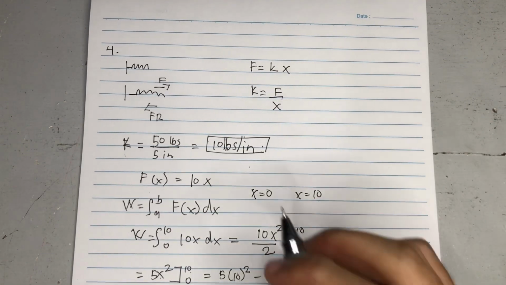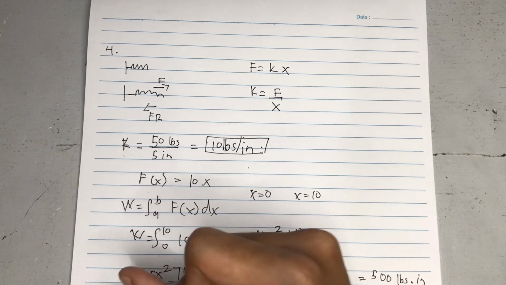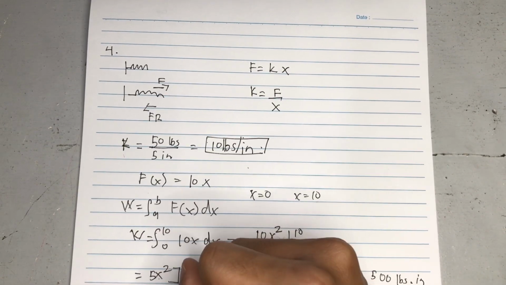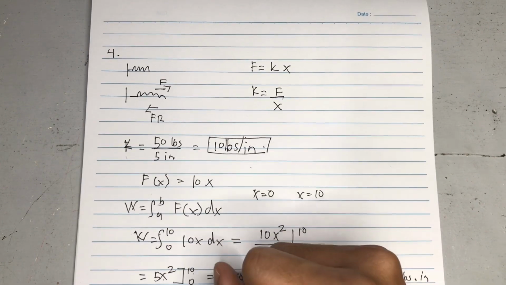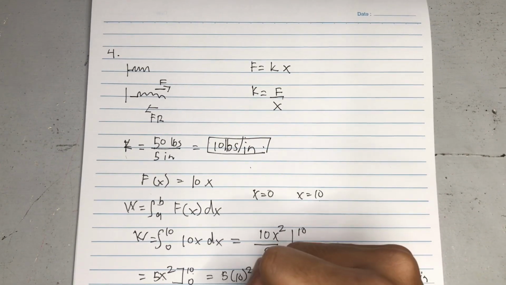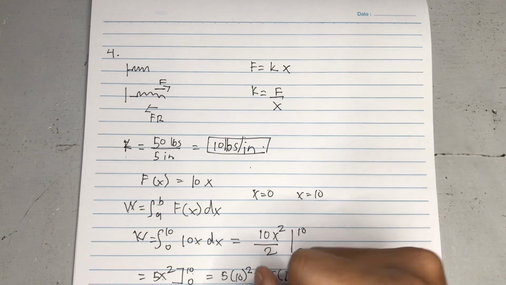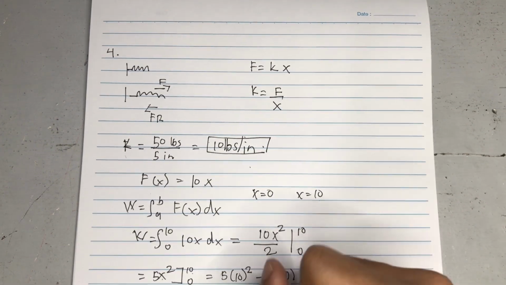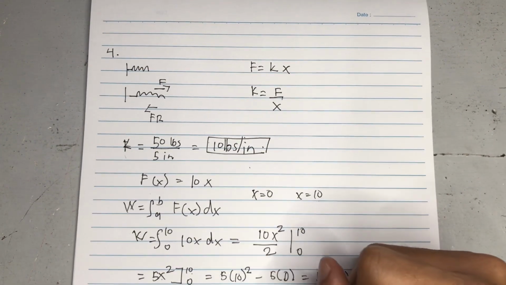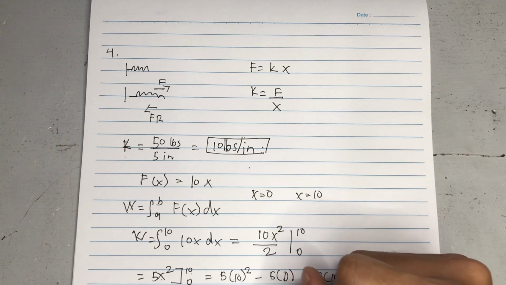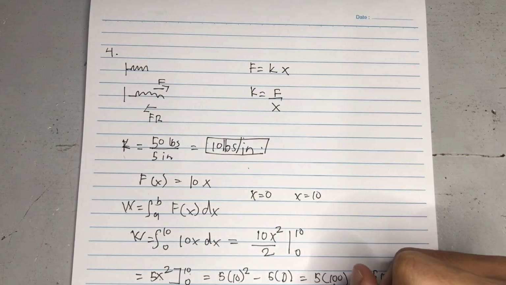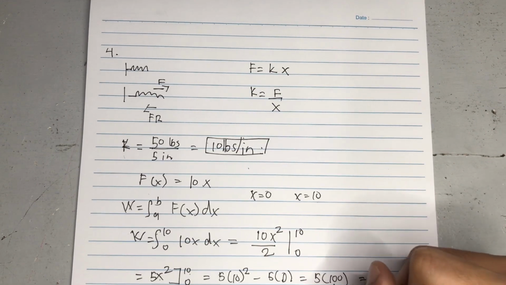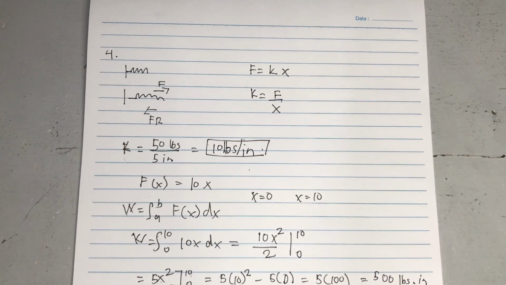Kailangan natin siyang i-convert into feet. 500 pounds per inch over 1 times 1 foot is equals to 12 inches. So, cancel na to, guys. 500 times 12 is equals to 500 over 12 feet pounds. So, yan na yung sagot natin, guys.